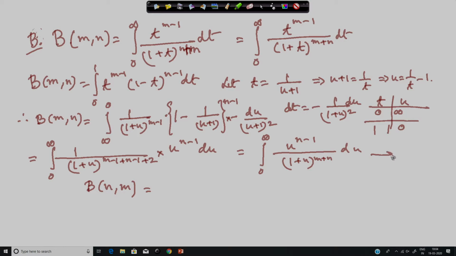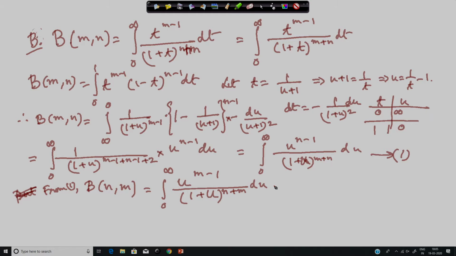So, from 1, beta nm is integral 0 to infinity u to the power m minus 1 over 1 plus u to the power n plus m du.